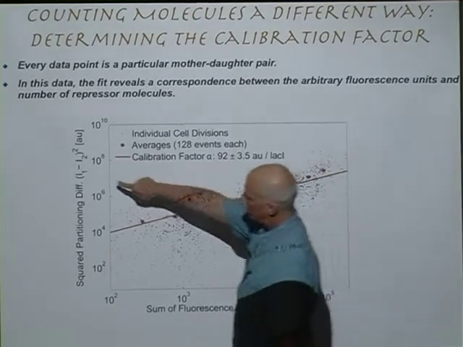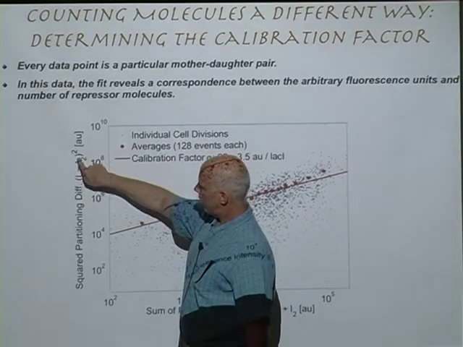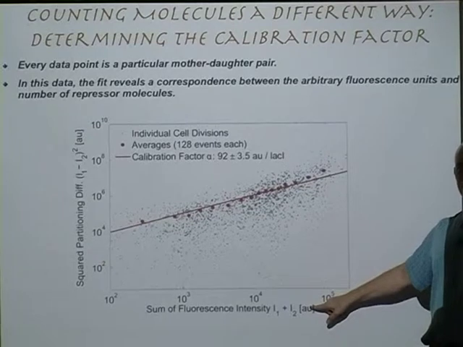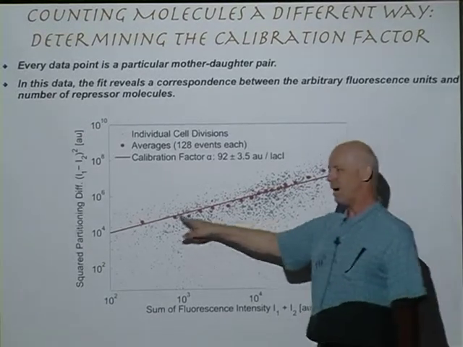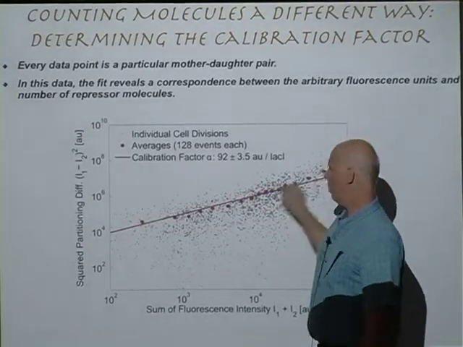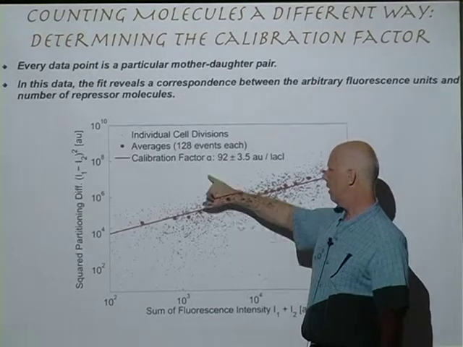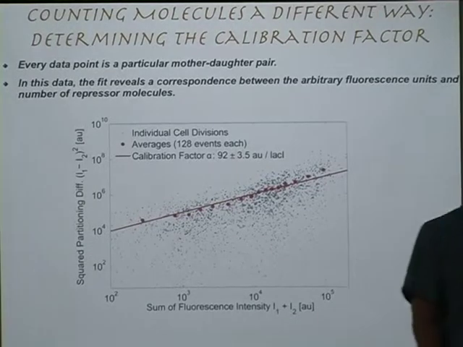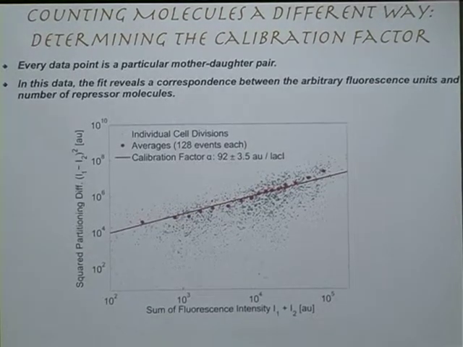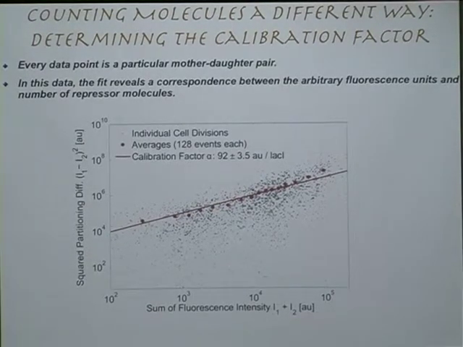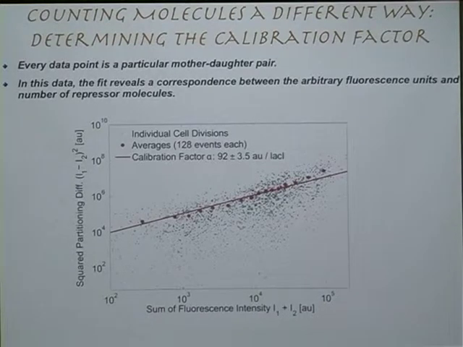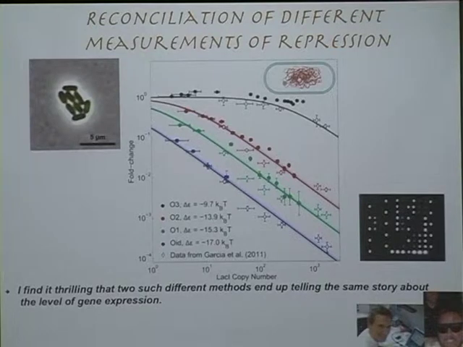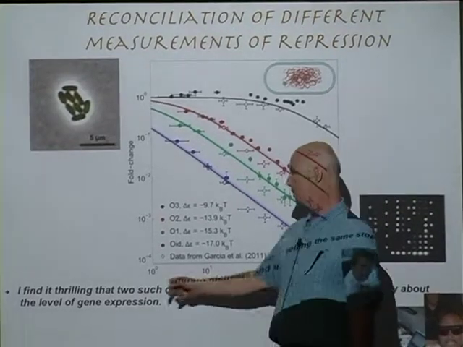So this is daughter 1 minus daughter 2, quantity squared, versus basically the intensity of the mother. The red dots are the averages. The red line is a fit, and alpha is the number of arbitrary units per protein. So that is absolutely cool because it means now we can do an experiment and we can basically figure out the copy number.